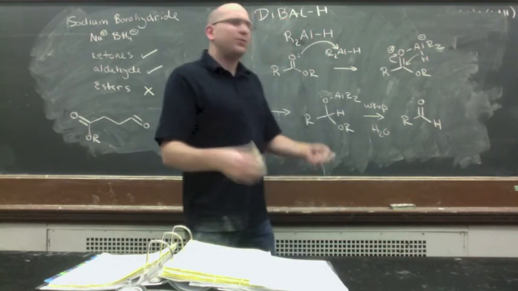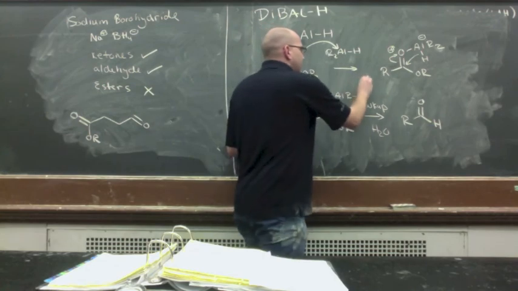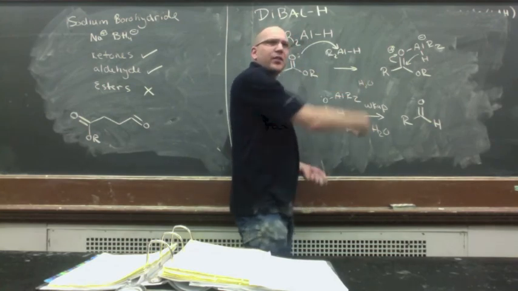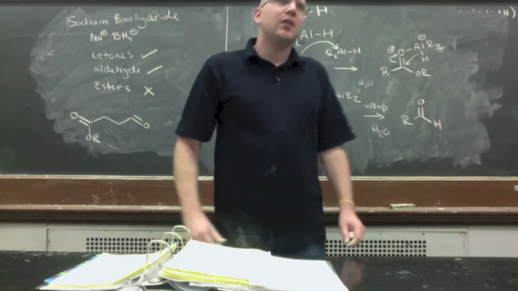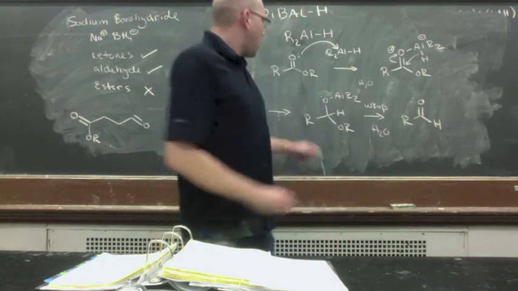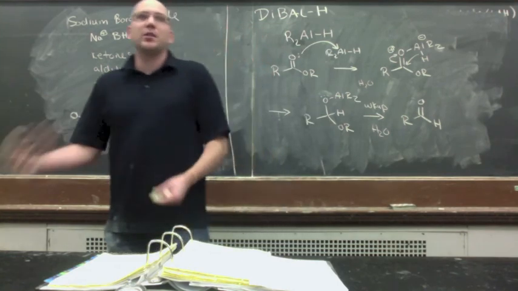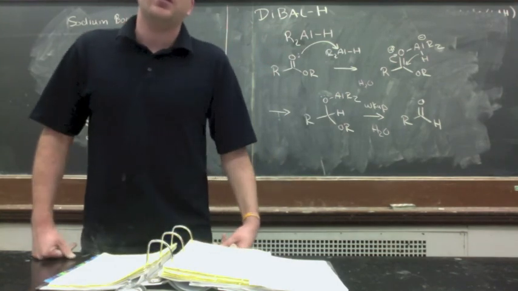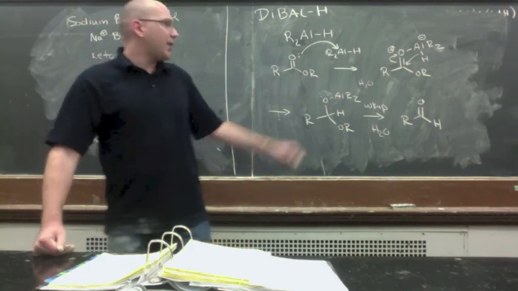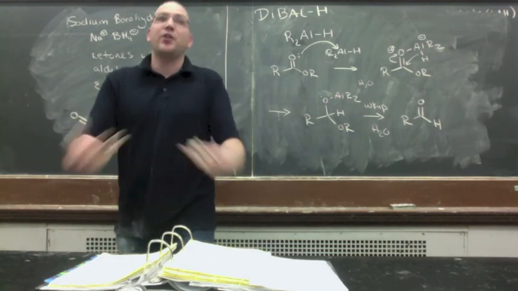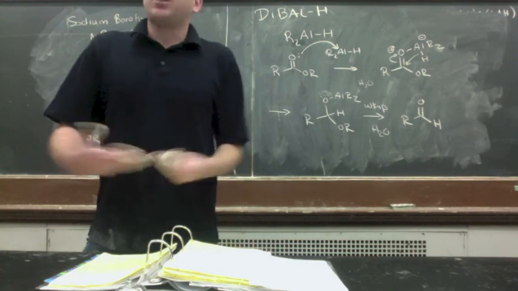You could just think about the mechanism as water adding in, kicking that off, and then breaking down. This will go down and you'll lose the OR, just like the elimination that we saw before with LAH. If you think about the water helping you get to the O-, that then breaks down. You generate that aldehyde, but there's no more DIBAL in there.